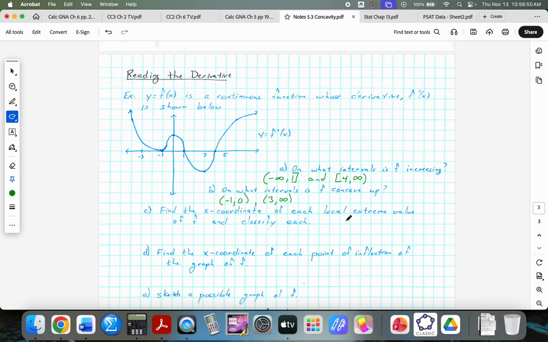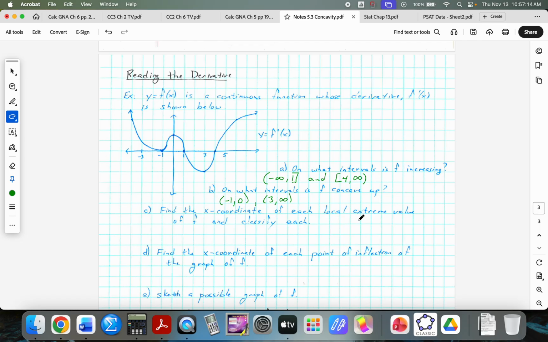Well, where are those points? Yeah, -1, 1, and 4. At -1, my derivative goes from positive to positive again. So the function goes from increasing to increasing some more. So do I have a local extreme value there?